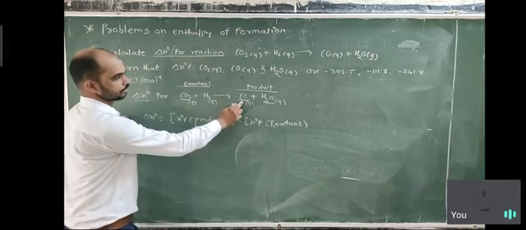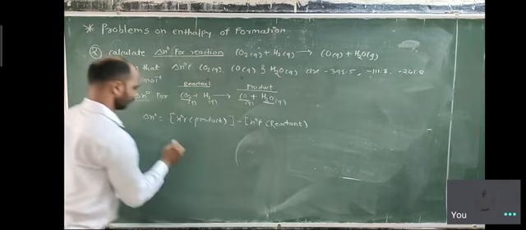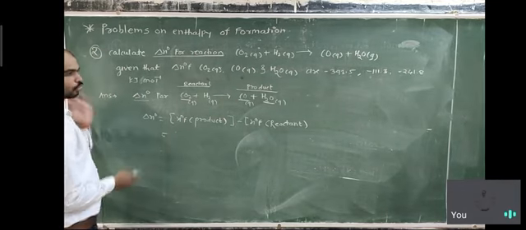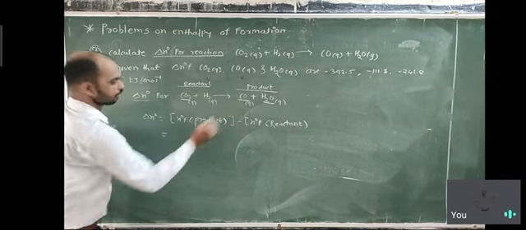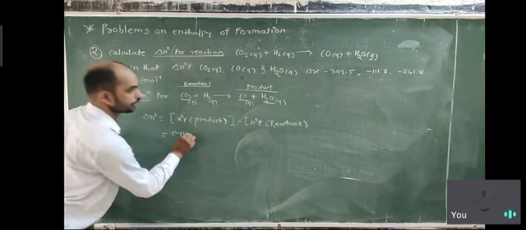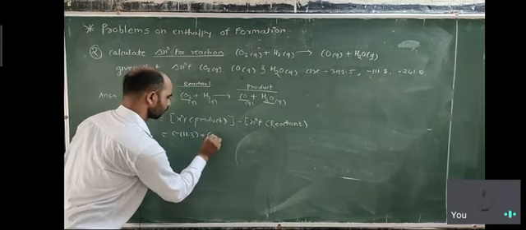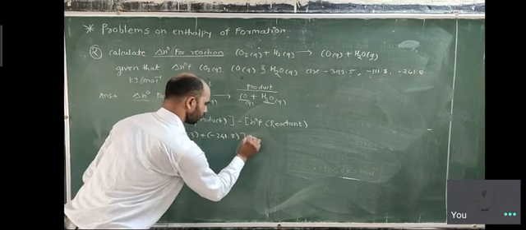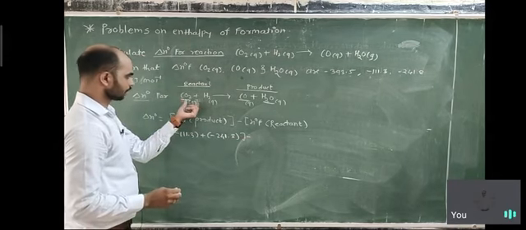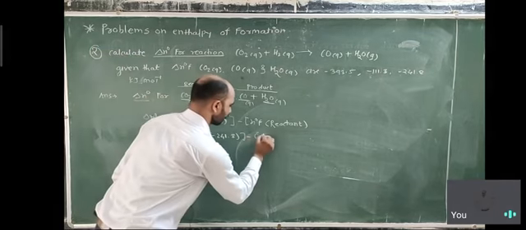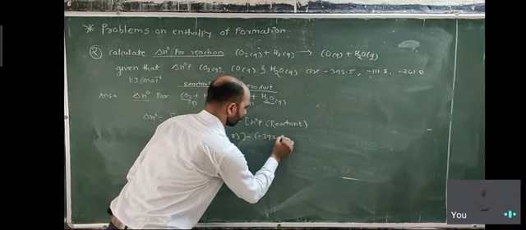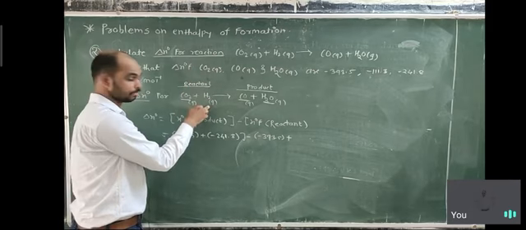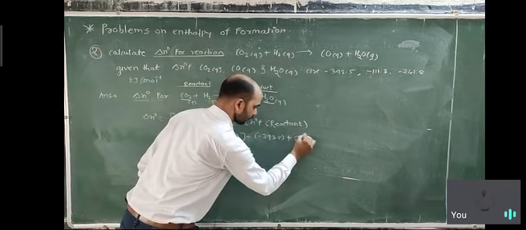All are single, so there is no coefficient, a coefficient of 1. So for CO the value is minus 111.3, plus minus 241.8 for water, minus, at the reactant side, the value of CO2, minus 393.5, plus H2, which is the element form, so its value will be 0.